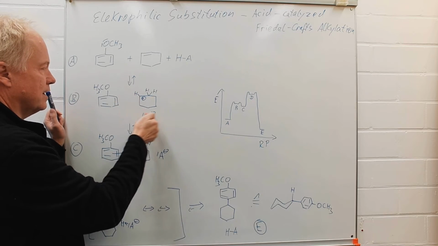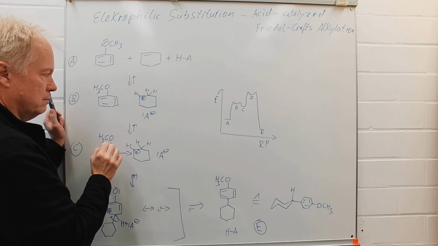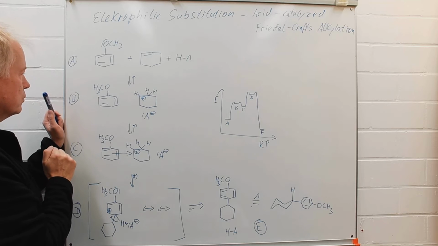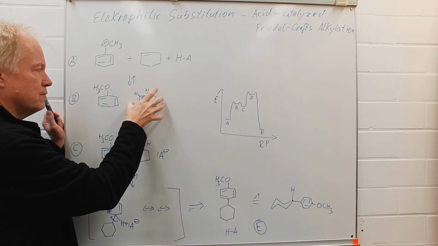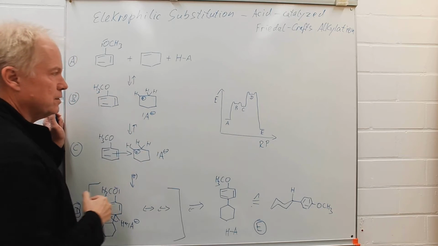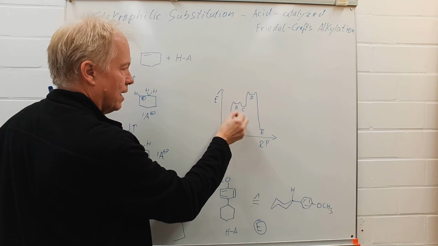Then we will get to this secondary carbocation with the anion in close proximity. This is then situation B, and this is a reactive intermediate, so it goes energetically uphill.